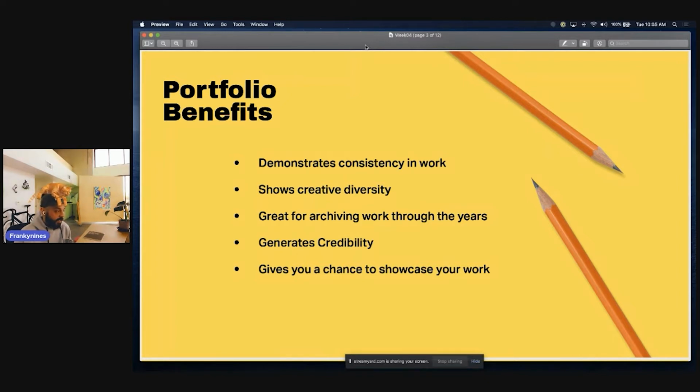It's good to collect all of that. And so what are some of the benefits? One is it demonstrates consistency. Consistency is important, especially when you're an artist and having your flavor, having your style. That all comes from your body of work being consistent. So when you look at someone's artwork, like XCOPY's artwork, he's got consistency across the board.